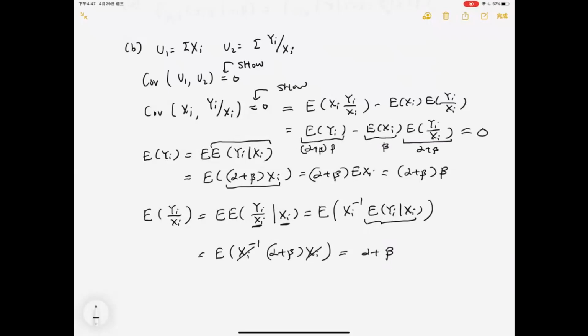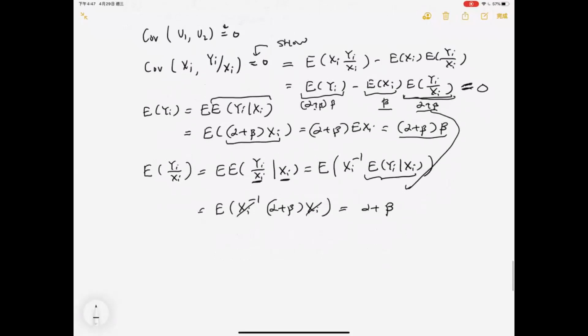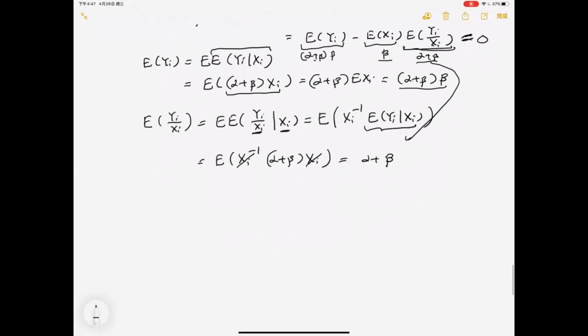The first one, alpha plus beta times beta, comes from here. This guy comes from the distribution of Xi, and this guy is alpha plus beta from here. So both guys equal alpha plus beta times beta. So this guy is 0. You showed that, so that means U1 and U2 are uncorrelated.